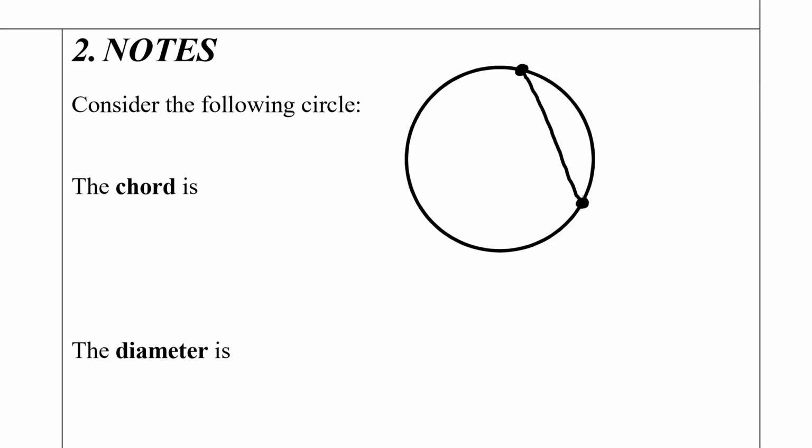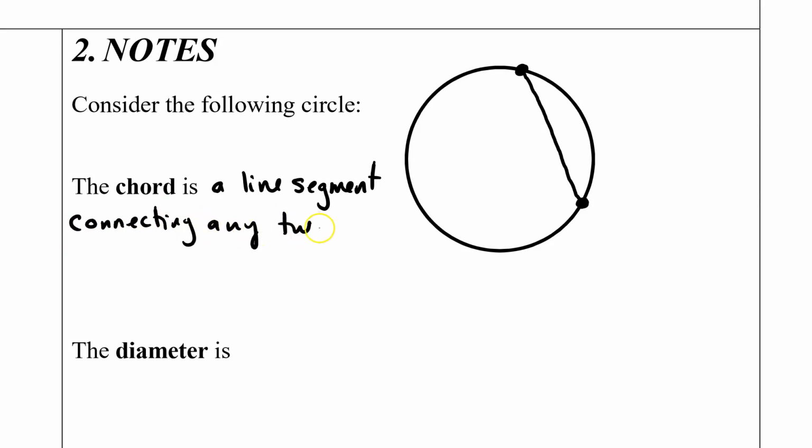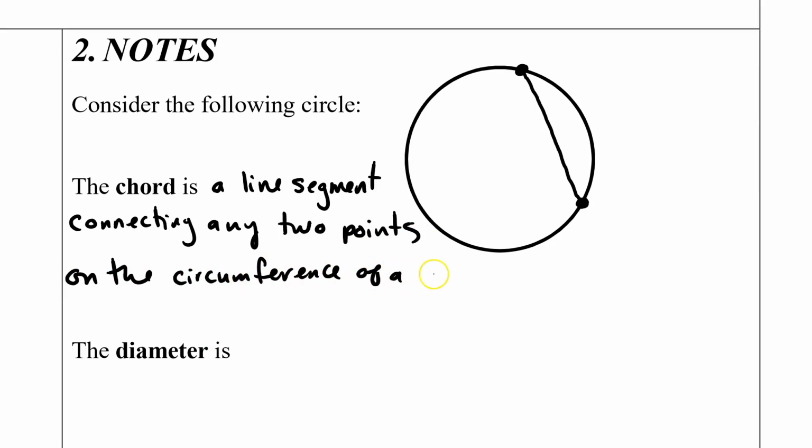So if we were to take down this definition, a chord is a line segment connecting any two points on the circumference of a circle.